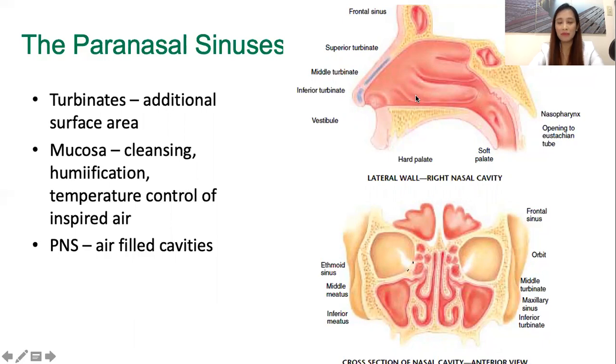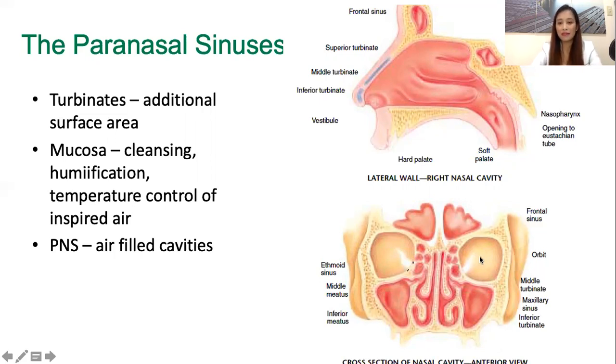The only part that you will be able to examine is really just the inferior turbinate. The rest you cannot examine anteriorly. The turbinate serves to provide additional mucosal surface area, and your nasal mucosa functions in cleansing of the air, humidification, and temperature control of your inspired air.